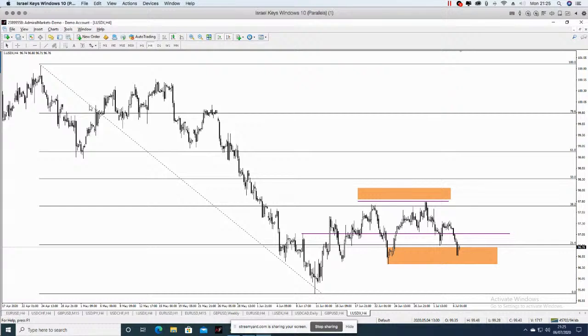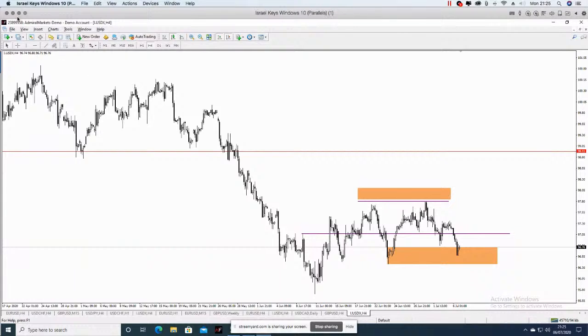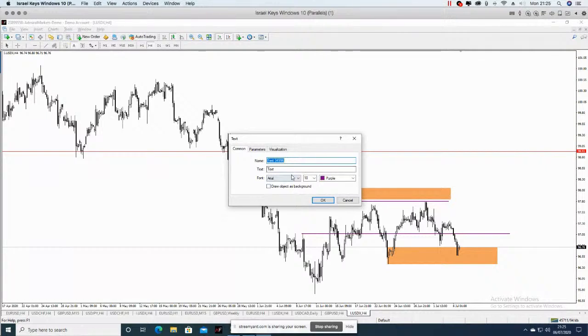I'm going to take this away now that we've looked at where we are. So in essence, if I take that away, I want to mark this. So that's the 61.8 Fibonacci level. So I can take that away. I'm just going to write something there to let me know what that level is, so when I see it on my chart, it makes sense.